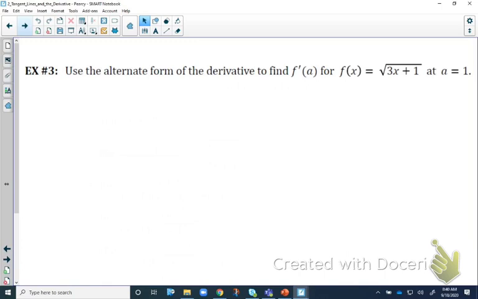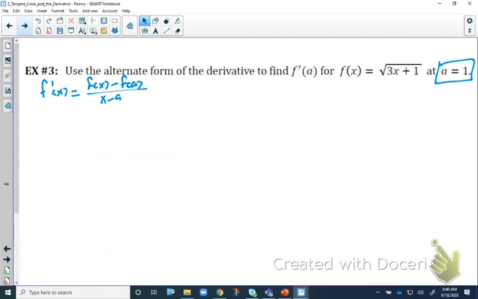The alternate form of the limit definition of the derivative is f prime of x is equal to f of x minus f of a over x minus a. So in this case, they're showing us that a is going to be a 1. So that's what we're going to kind of be evaluating the function for.